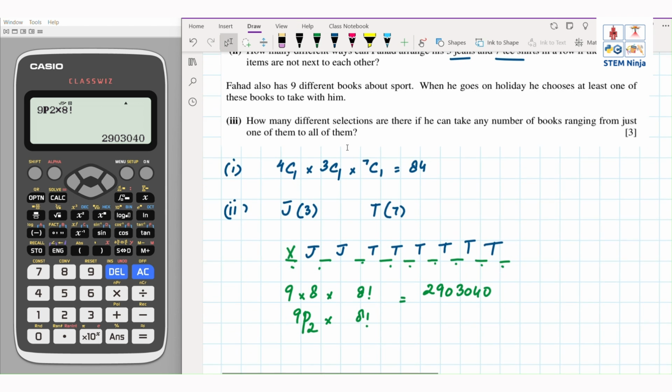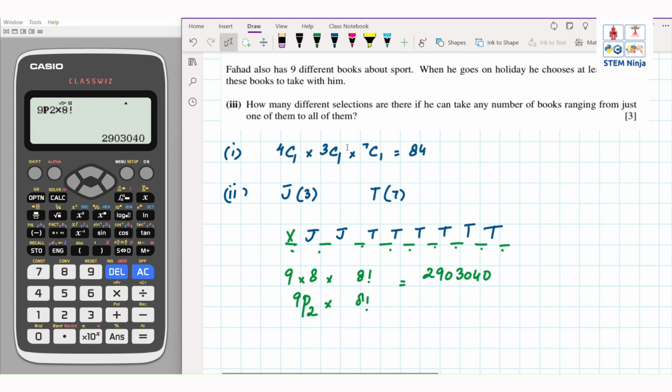Okay. Fahad also has 9 different books about sport. When he goes on holiday, he chooses at least one of these books to take with him. How many different selections are there if he can take any number of books, ranging from just one of them to all of them? So this is an interesting question.